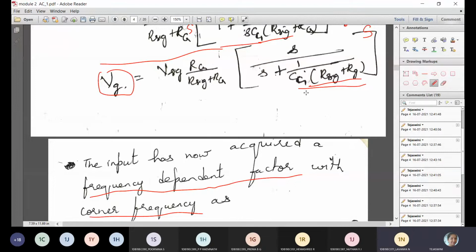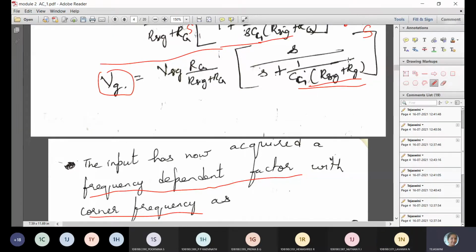How can you find the pole? 1 by CC1 into R signal plus RG. How do you find poles in any transfer function or expression? Are they in the numerator or the denominator? Denominator. Poles will be in the denominator.